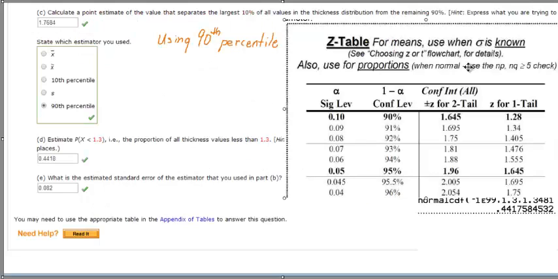For my next problem, I'm going to need my Z table. They want the point estimate that separates the largest 10% of all values. That means looking at your 90th percentile. So I go to my 90th percentile, and I'm going to need the 1.28 z-tail score on this one.